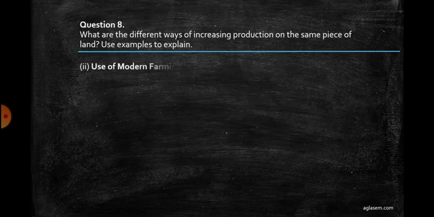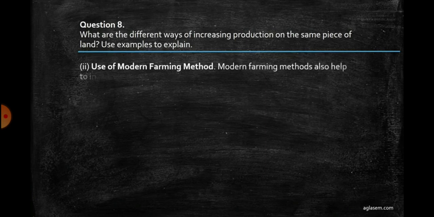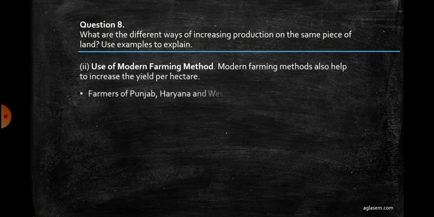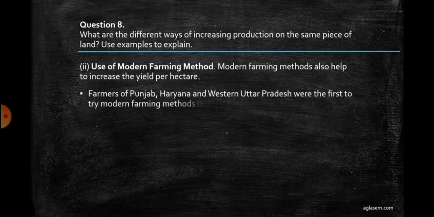Second is use of modern farming methods. Modern farming methods also help to increase the yield per hectare. Farmers of Punjab, Haryana, and Western Uttar Pradesh were the first to try modern farming methods in India.